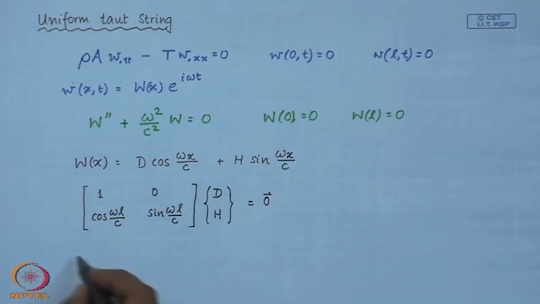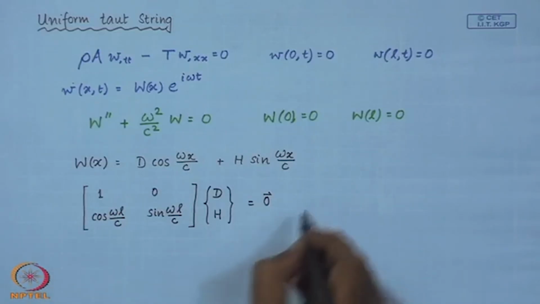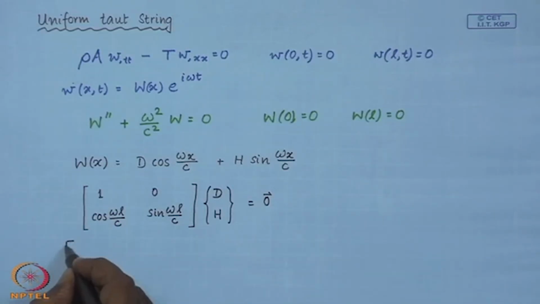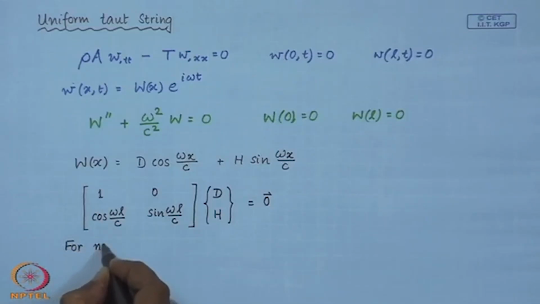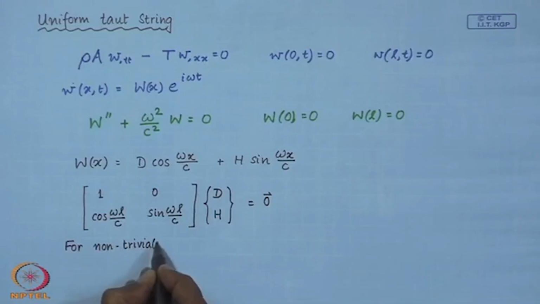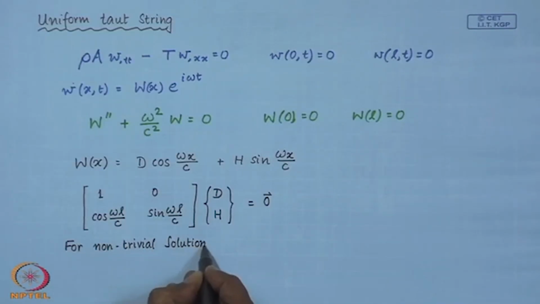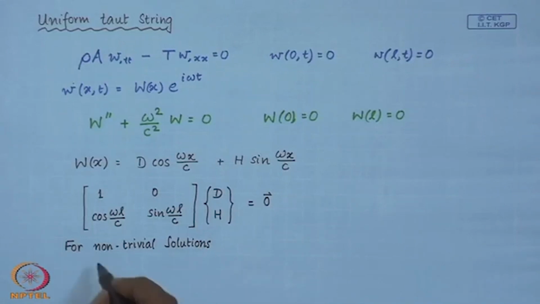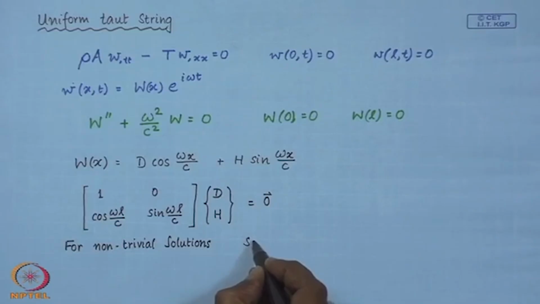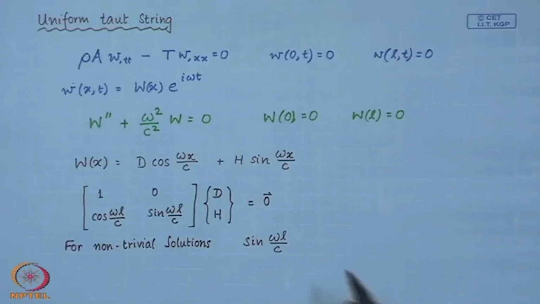So, that implies the determinant of this is nothing but sin(omega L over C), and that must be 0.